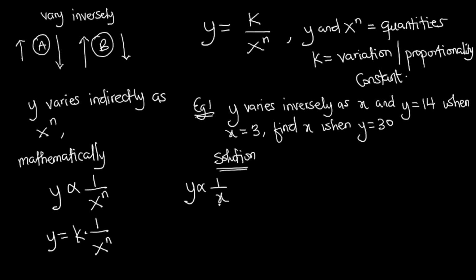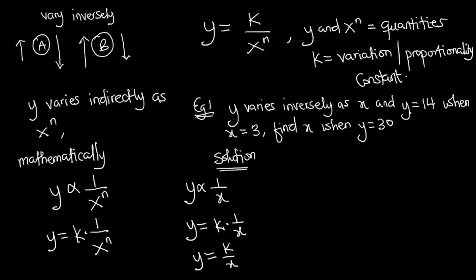It becomes y, then the variation sign, then we have 1 over x, which is the second quantity. To remove the variation sign, we introduce a constant. So this becomes y is equal to k multiplied by 1 over x. So this expression can be simplified as y is equal to k on x.